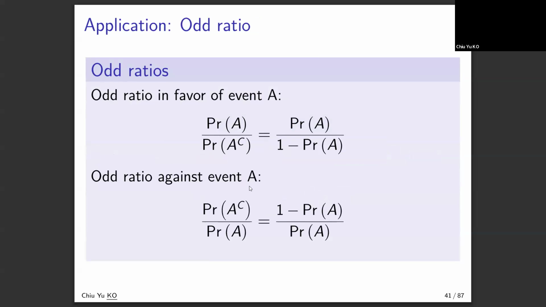because this is exactly how, before probability was invented, people quantified the uncertainty in the world. It's called odds ratio. Okay. So in the old days, it's very difficult to talk about sample space or what, right? But people can say how likely A would happen compared to how likely A would not happen.